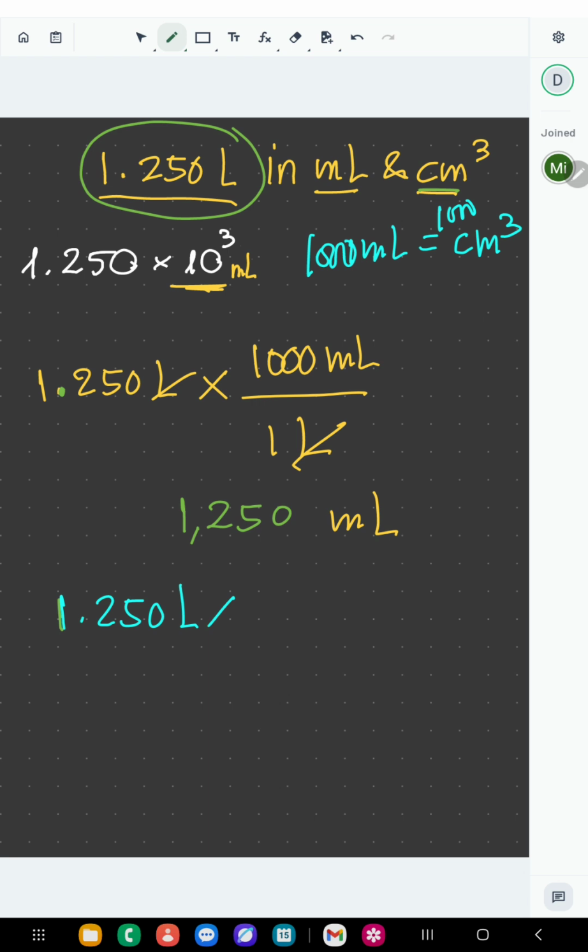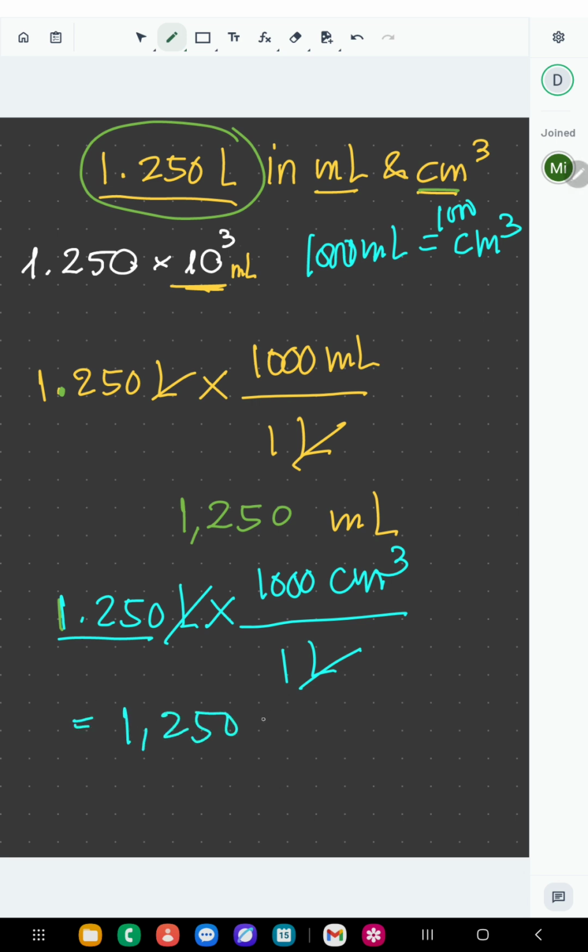Yeah, so we can multiply this by this conversion factor. 1 liter is to 1000 cubic centimeters, and then liter unit here cancels out. So what is 1.250 times 1000? Yeah, so it's the same. All right. Yeah, so you should take note of that, especially in stoichiometry.